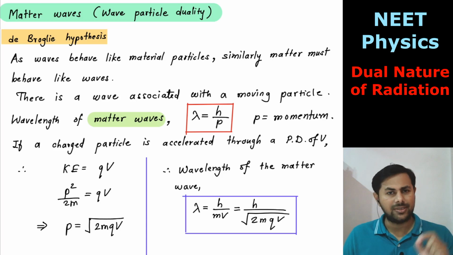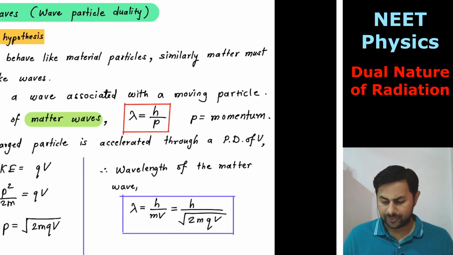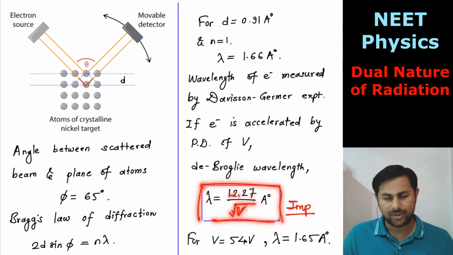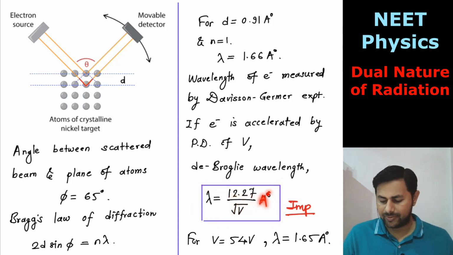So if an electron is accelerated by a potential difference of v, what would be its wavelength? Its wavelength turns out to be equal to 12.27 divided by root of v angstrom unit.